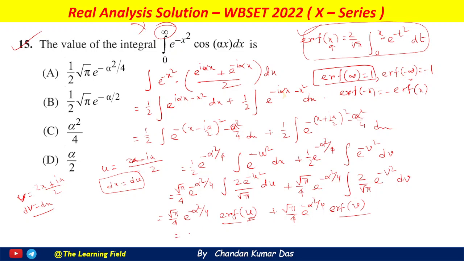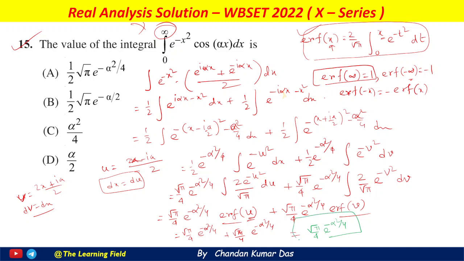Therefore we write root pi by 4 e to the power minus alpha square by 4 plus root pi by 4 exponential minus alpha square by 4. So this is equal to root pi by 4 exponential minus alpha square by 4.